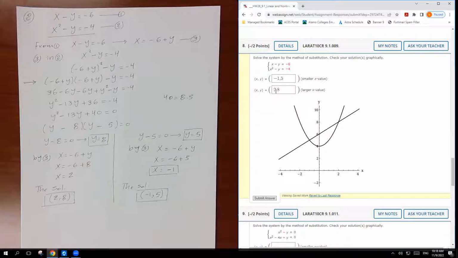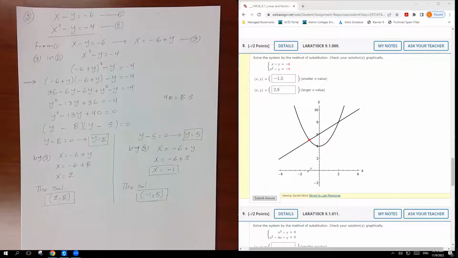So this is right. 2 and 8, here is 2, and here is 8. So here is the second intersection point. So you see the first one here is -1 and 5. And the second one is, here is 2, go up, and here is 8. So here is the second intersection point between these two graphs. That means this is right, and this one is also right. So we got it right.